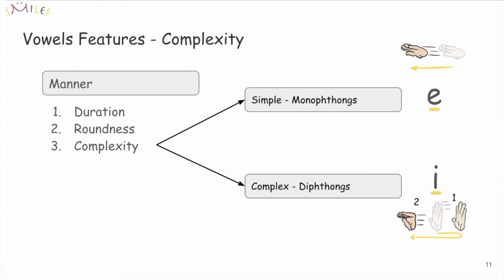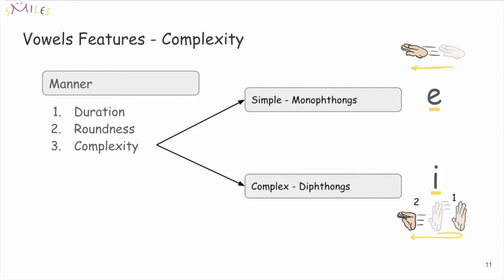Complexity really means whether or not the vowel is a simple single sound or if it is a complex blend of 2 sounds. Hence the terms monophthong, 1 sound, or diphthong, 2 sounds.